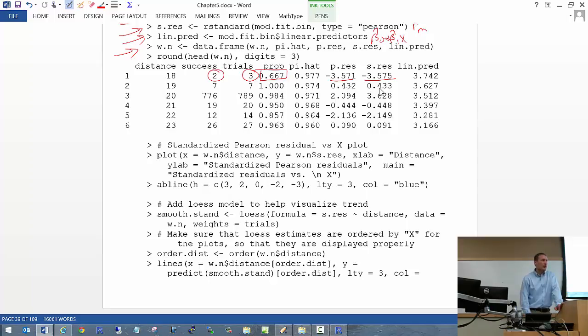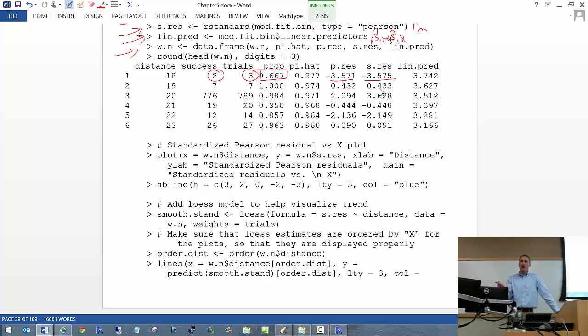Notice that the only time this standardized Pearson residual will be within plus or minus 3 is when Y is 3. Y is either 0, 1, 2, or 3.